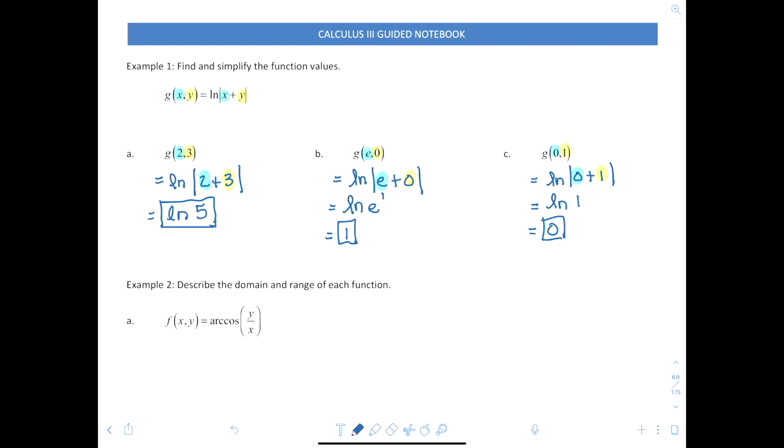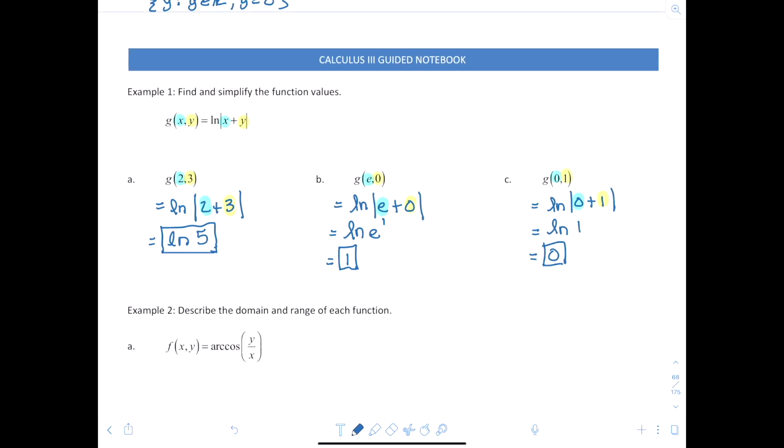Let's go ahead and describe the domain and range. And actually with this one, let's think about the one we just did. It doesn't ask for this, but what do you think the domain would be for this first example? What has to be true of the sum x plus y?